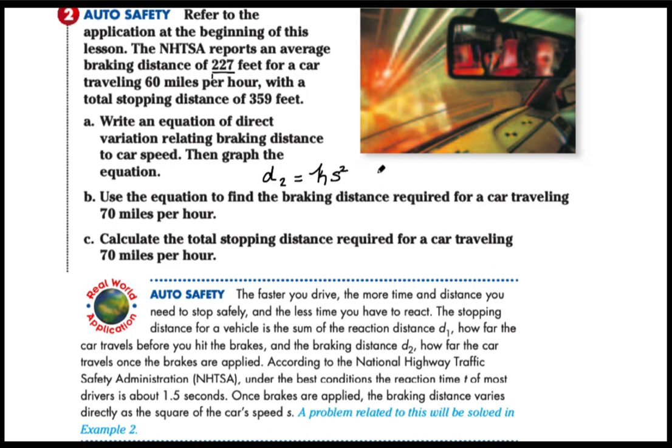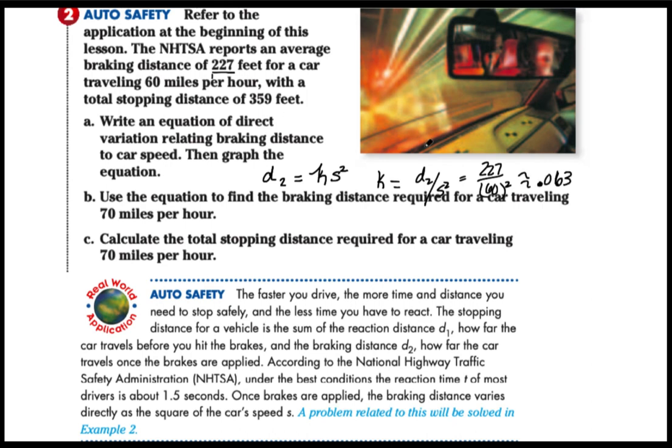So in order to figure out the constant, let's solve for k. k is going to be equal to d sub 2 over s squared, and d sub 2 in this case, the braking distance, is 227 feet, and the speed is 60 miles per hour. So we're going to square that. I'm going to get a calculator and do that real quick.